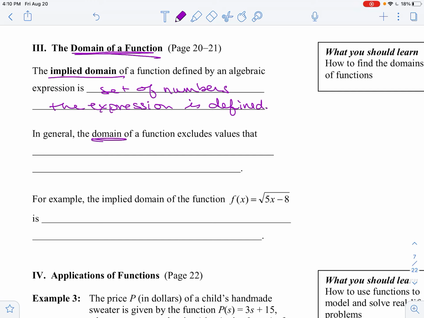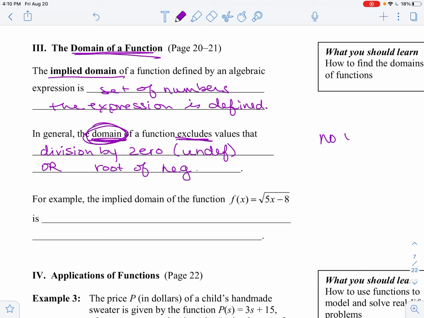So here's in general what the domain of a function will exclude: any time that you would cause a division by 0, which would be an undefined value, so we want to exclude those values, or a root of a negative number. Because remember, a root of a negative is an imaginary number. So we don't want to include numbers in the domain if it makes it undefined or imaginary.